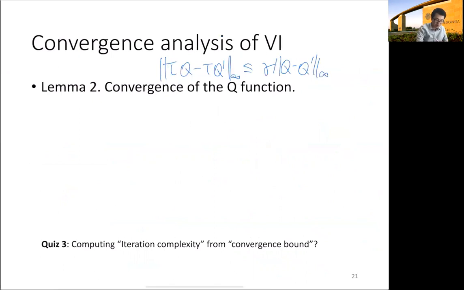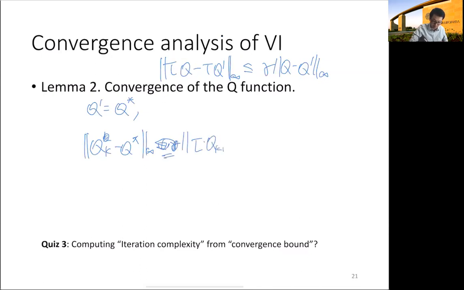By substituting Q prime to be Q star, and taking Q iteratively, we can write QK minus Q star is smaller than gamma times, first of all, tau of QK minus 1 minus Q star. And notice that Q star is a fixed point, right? Therefore, tau of Q star is equal to Q star.